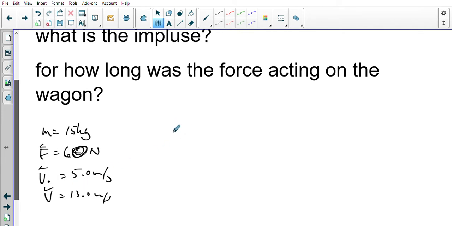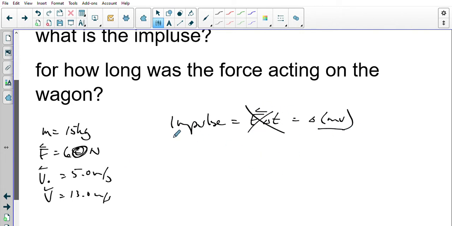If we're asking for an impulse, we can look at that as a force times our change in time, or as a change in our momentum. We have no time, so we're not going to use this one. We're going to use the change in momentum. Either is an acceptable way of doing it, and which one we use depends on the information we're given.